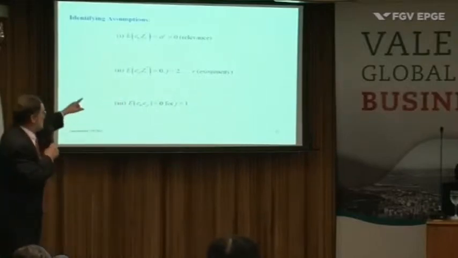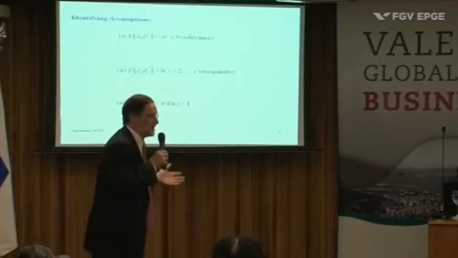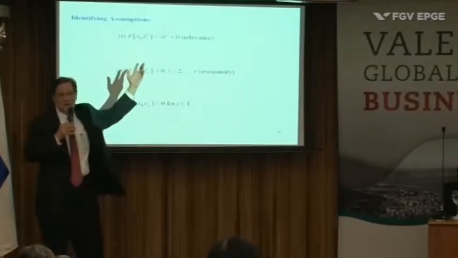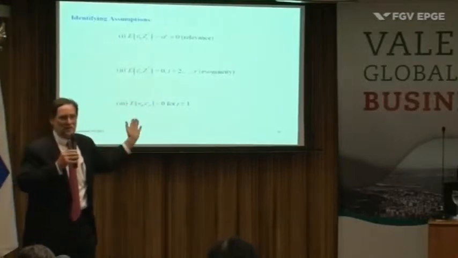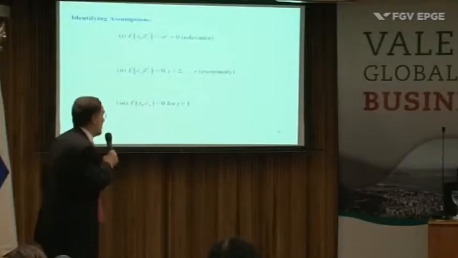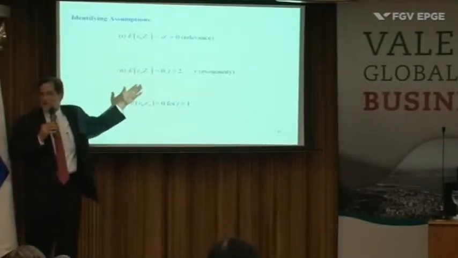Because they're there. The first equation is that an instrument has got to be relevant. It's got to be correlated with the thing you're interested in. Here we're interested in epsilon 1, so Z has got to be correlated with epsilon 1. The covariance between epsilon 1 and Z I'm going to call alpha, and that can't be 0. So that's relevance. This guy's got to be exogenous. It's got to be uncorrelated with the other structural shocks.